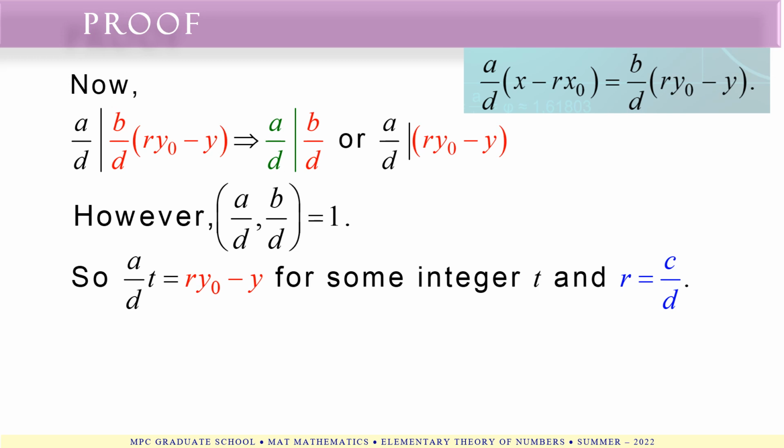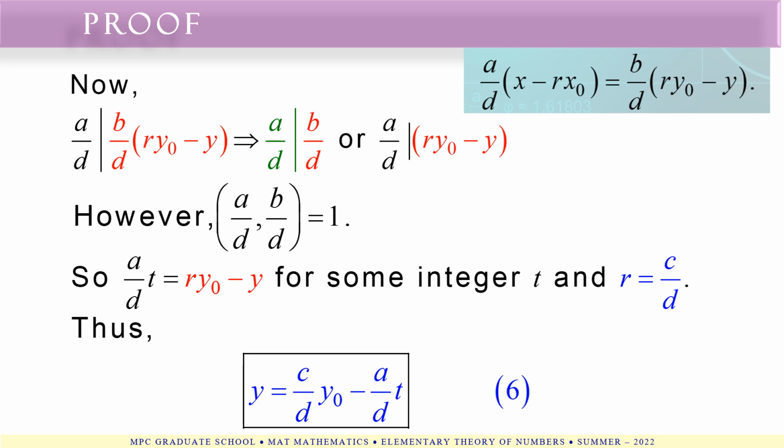So, a over d times t equals r y sub 0 minus y for some integer t, and r equals c over d. Thus, the general solution for y is c over d times y sub 0 minus a over d times t, and that is equation 6.